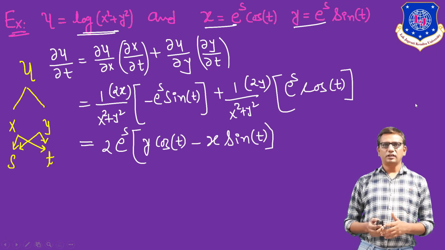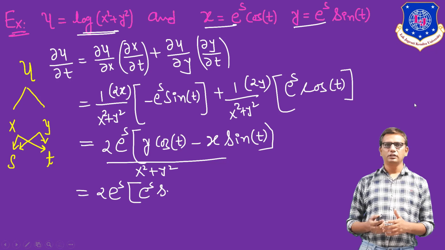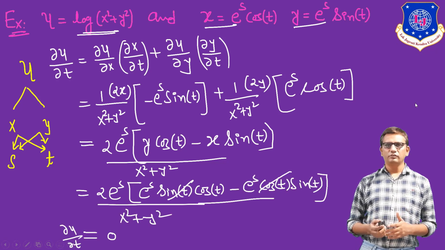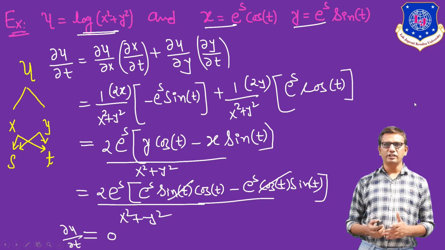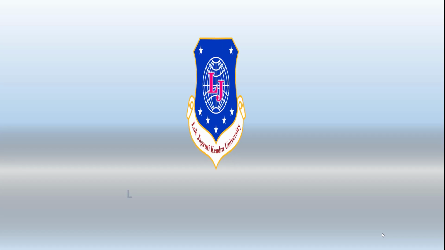And now after taking 2e raised to s common, we have this type of term, and in the denominator we have x square plus y square. After putting the values of x and y in this particular term, we get this type of derivative. Every term is cancelled, so the partial derivative del u by del t is 0. So that is our concept of partial derivative.